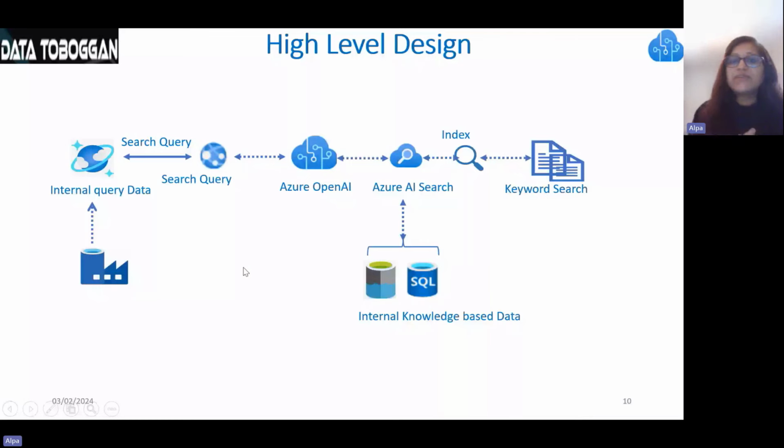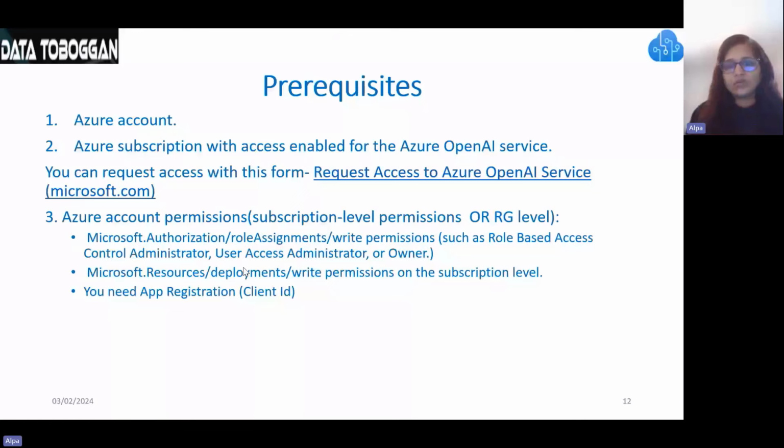Now let's see the prerequisites. If you want to start with Azure OpenAI, you first need an Azure account and an Azure subscription which has the Azure OpenAI service enabled, because it's limited to certain users. So you have to request it if you don't have permission. This is the request form which you can fill in, and you will get an answer in 24 hours or a few days.